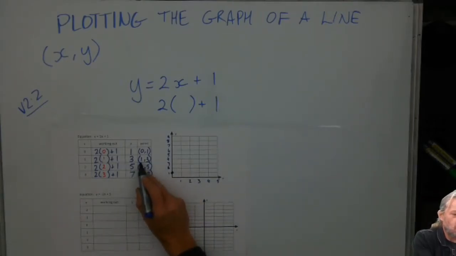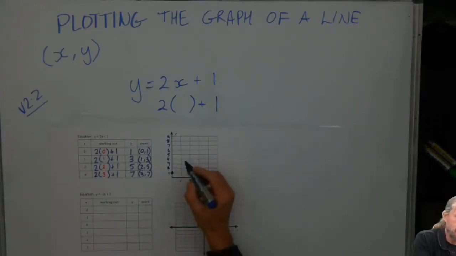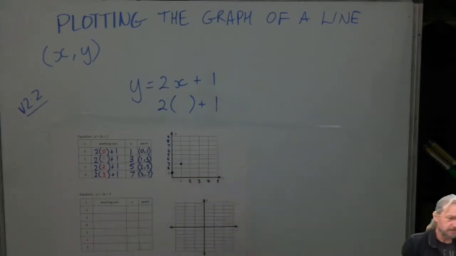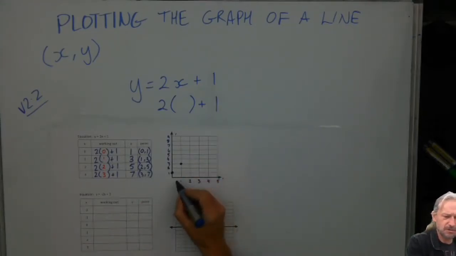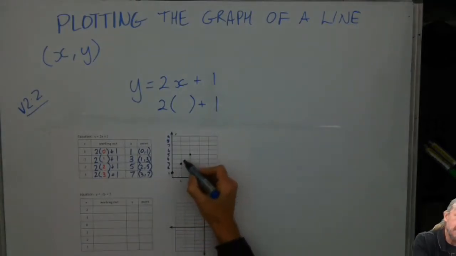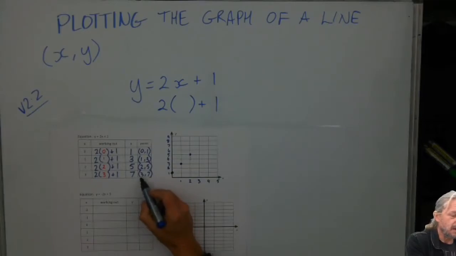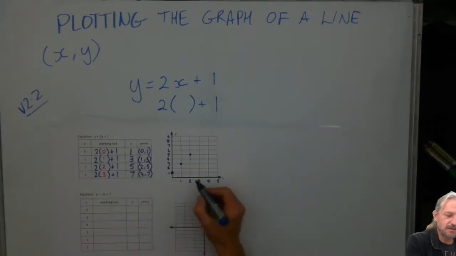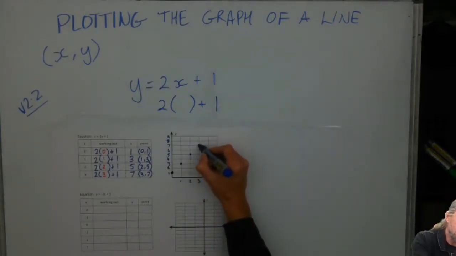The next one, 1, 3. So we come along 1 and we go up 1, 2, 3. The next one, 2, 5. So we come along to 1, 2, and then we go up 1, 2, 3, 4, 5. And I'm hoping you'll notice that these are all landing on a straight line. And then the last one, 3, 7. So we go 1, 2, 3. We go up 1, 2, 3, 4, 5, 6, 7.